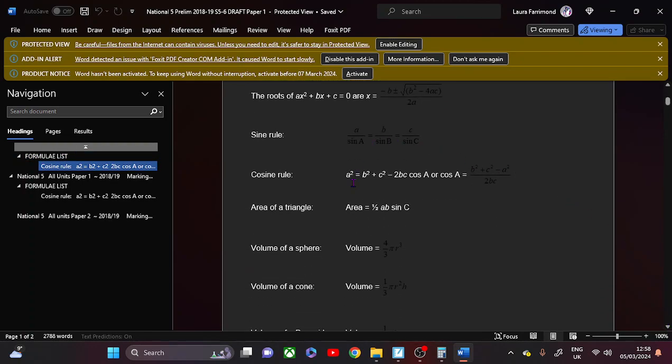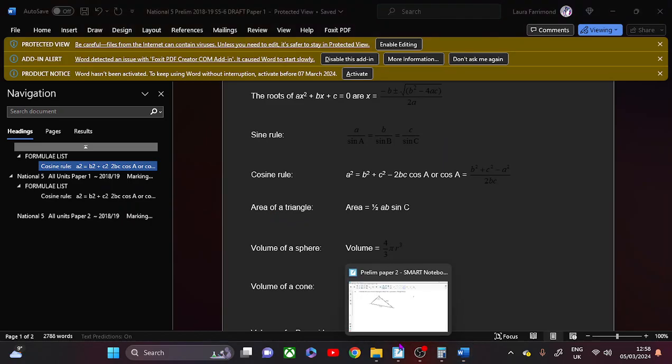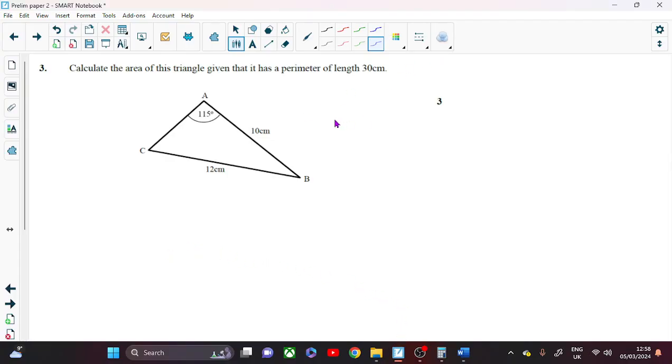Alright, so area of a triangle, half AB sine C. Okay. Let's get back to our page. So we want to state, that's what we're using.